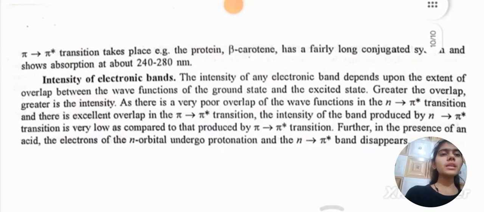The intensity of any electronic band depends upon the extent of overlap between the wave functions of the ground state and the excited state. Greater the overlap, greater is the intensity.